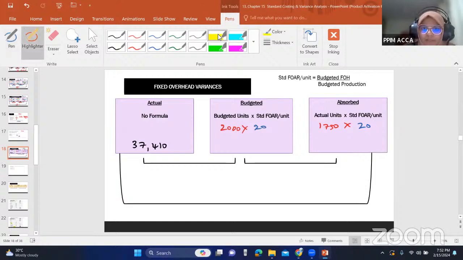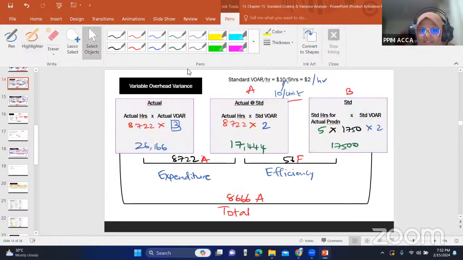Let me show you something here. Wherever there is an OAR, see here, this is something to do with units. It's multiplied by an OAR per unit. Look at the variable overheads. This was an hourly figure.